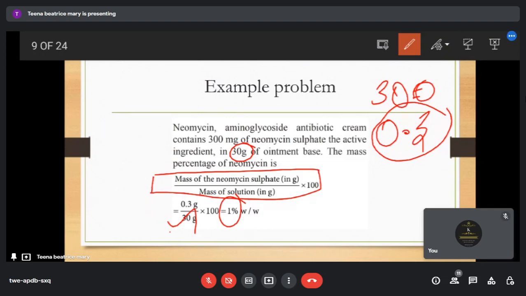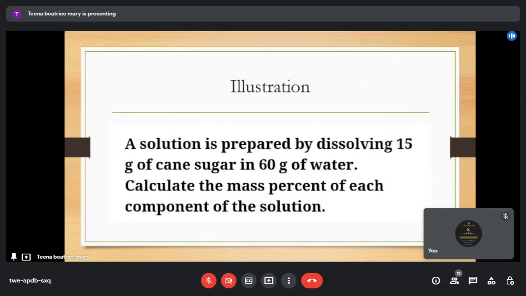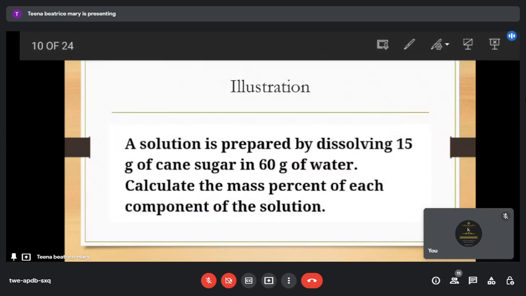Clear? Yes, ma'am. Next we can go with an illustration. You can start working out this one. A solution is prepared by dissolving 15 gram of cane sugar in 60 gram of water. Calculate the mass percentage of each component of the solution. The 15 gram of cane sugar is in water. Again, look at solute and solvent: the solute dissolved in water is cane sugar.